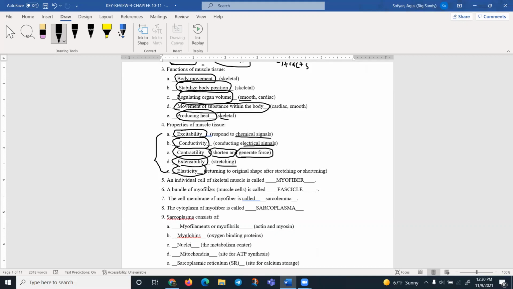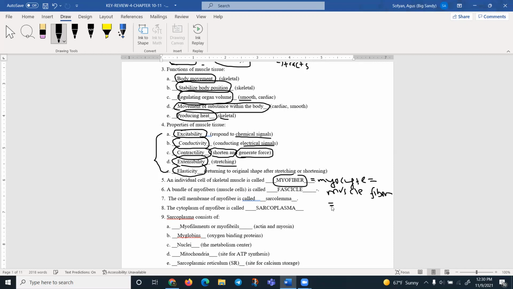The individual muscle cell is called myofiber. Sometimes it's also called myocyte, is another name, and sometimes also called the muscle fiber, because it is long like a fiber.